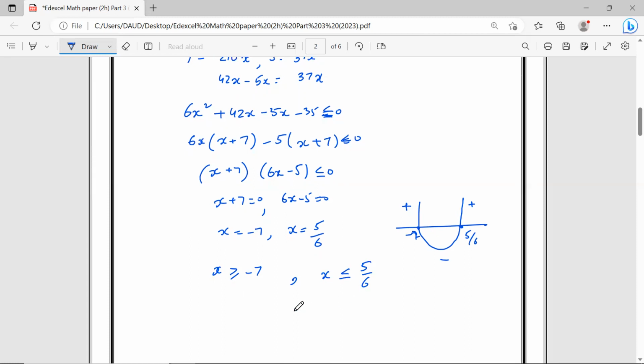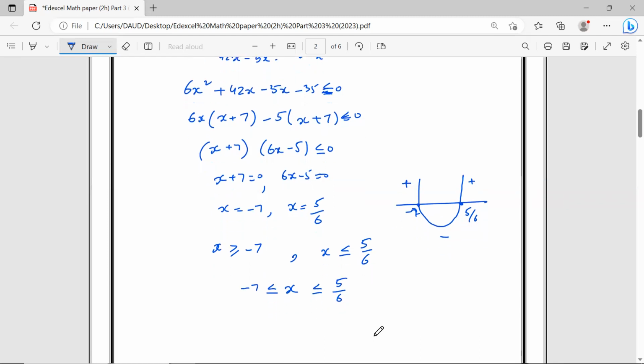Written combined, minus 7 is less than or equal to x, and x is less than or equal to 5 over 6. So this is your final answer. I hope you get the idea or concept.